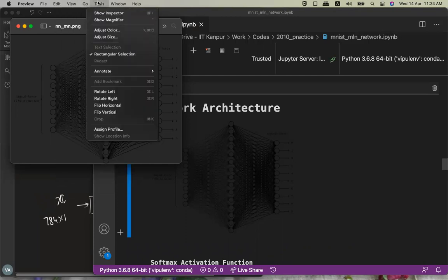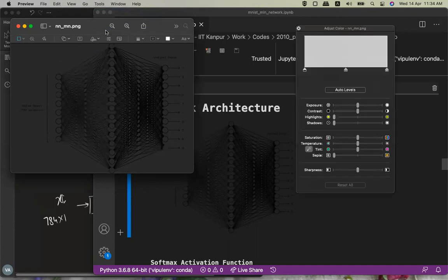I don't know. I have to. I don't know how to change the color.